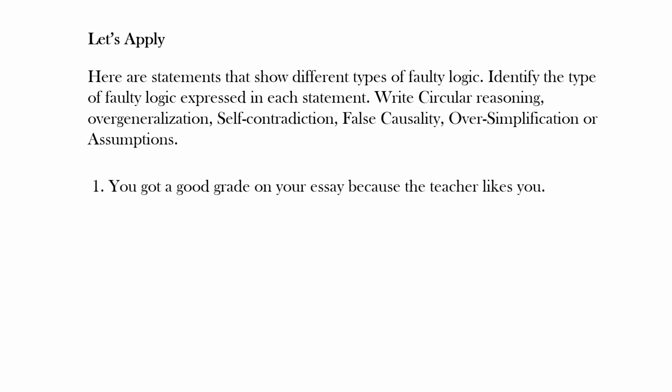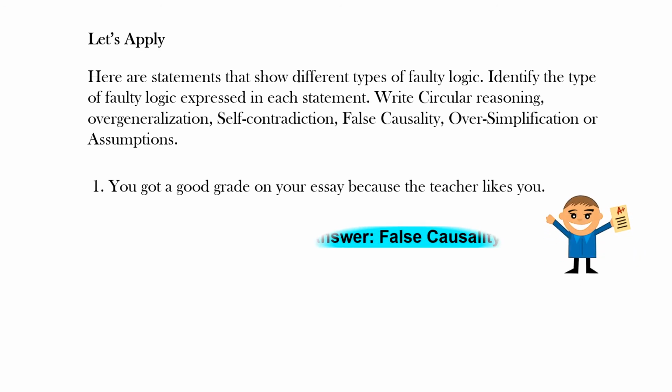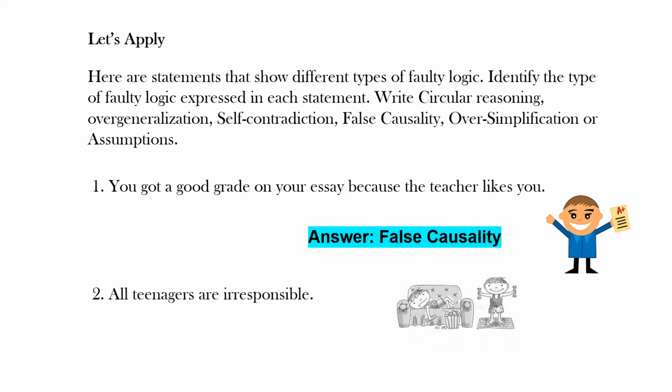You got a good grade on your essay because the teacher likes you. Answer: false causality. All teenagers are irresponsible. Answer: overgeneralization. I hated the movie because it was the worst movie I ever saw.